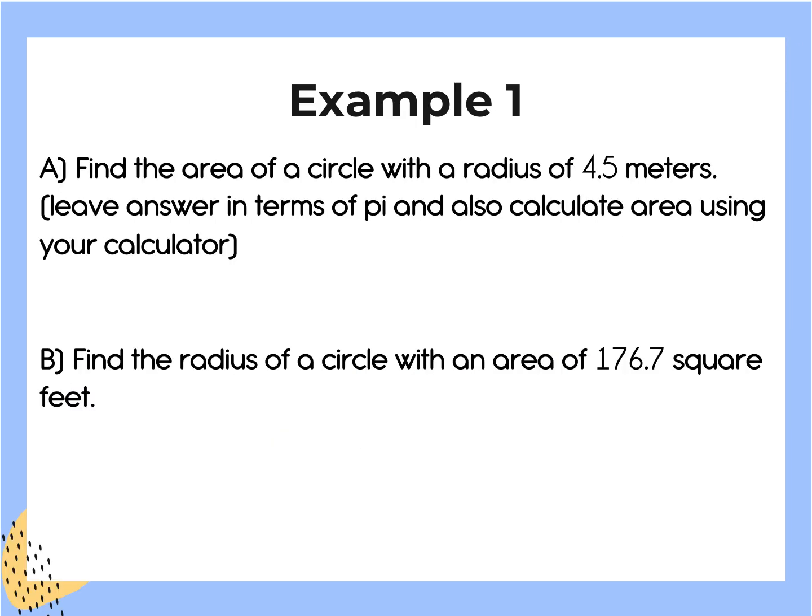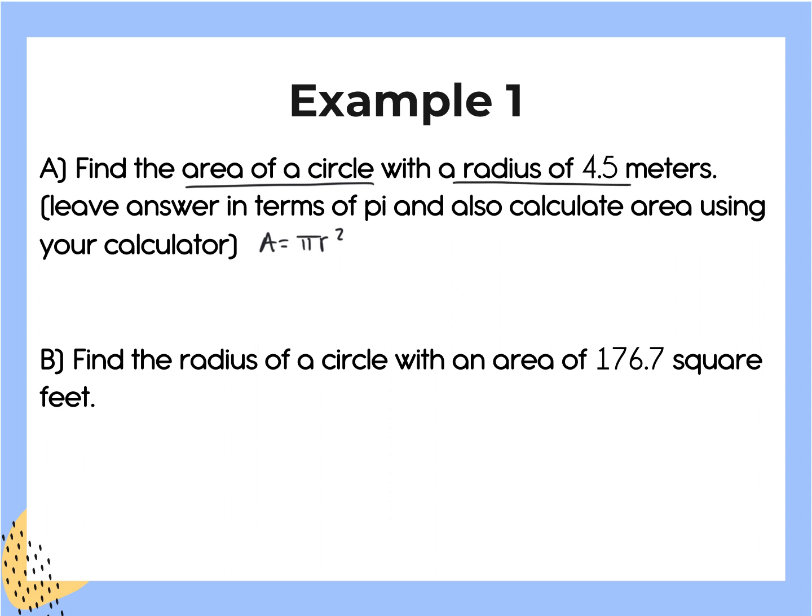So for example 1, we have find the area of a circle with the radius of 4.5 meters. They want us to leave the answer in terms of pi and also calculate the area using your calculator. So they want the area of the circle. That means we're going to use the formula pi r squared. And they're telling us the radius is 4.5.